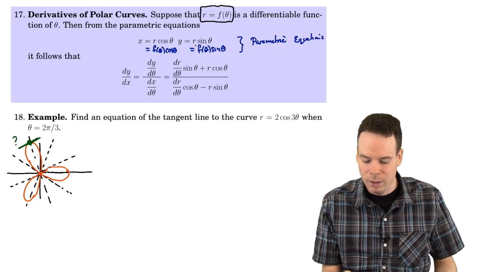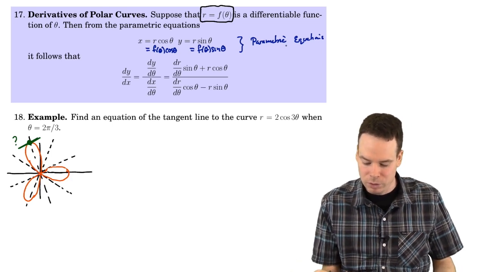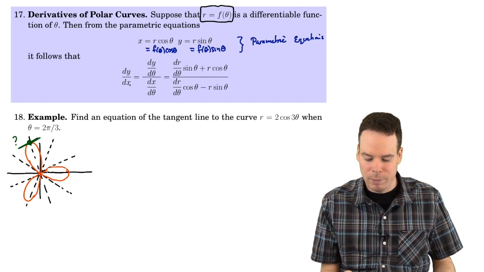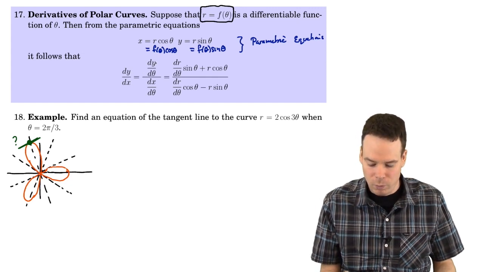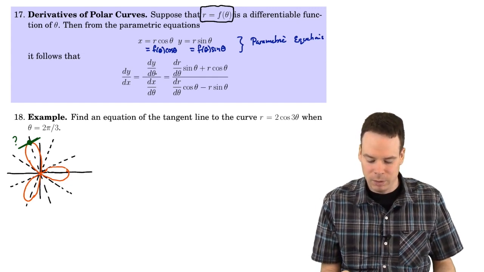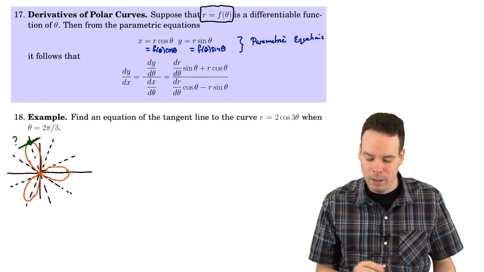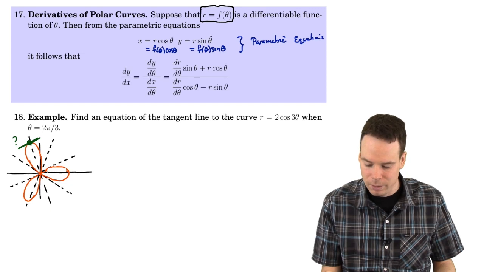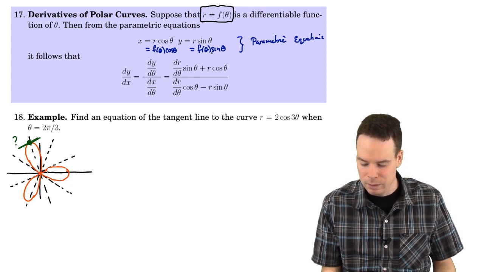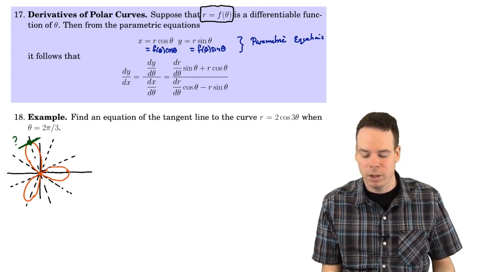How do we do that? Well, for parametrized curves, the derivative dy by dx is the derivative of y with respect to the independent variable divided by the derivative of x with respect to the independent variable. What's dy d theta? Well, I look at y and I see that it's a product, so I need to use the product rule there.